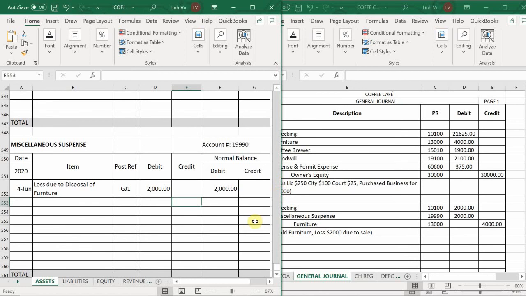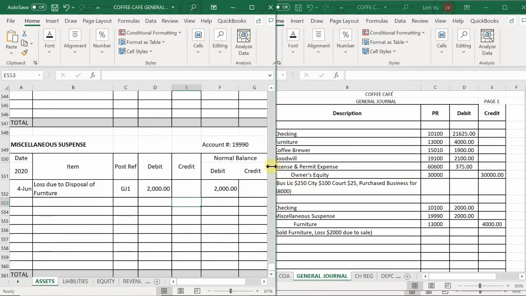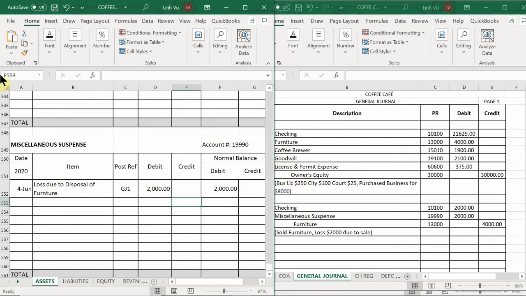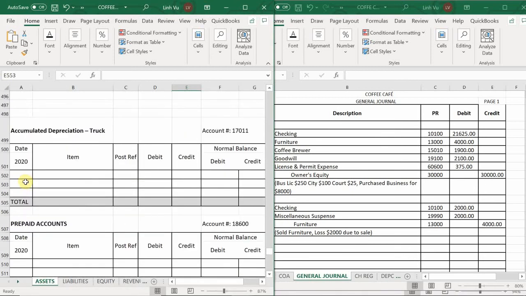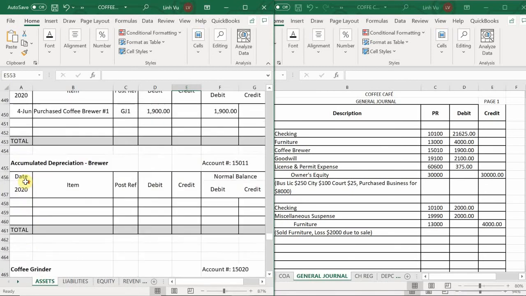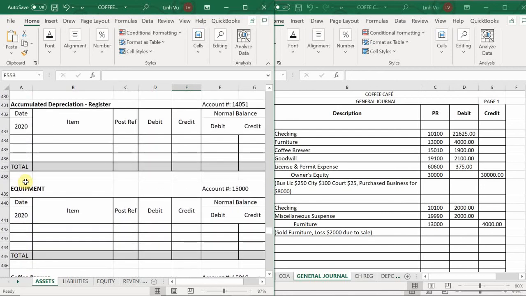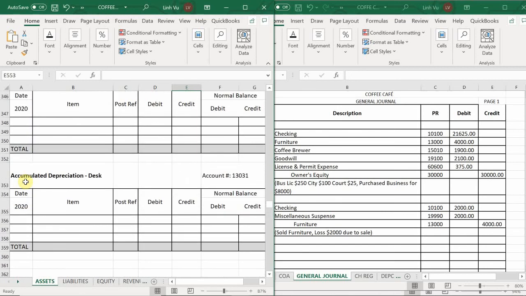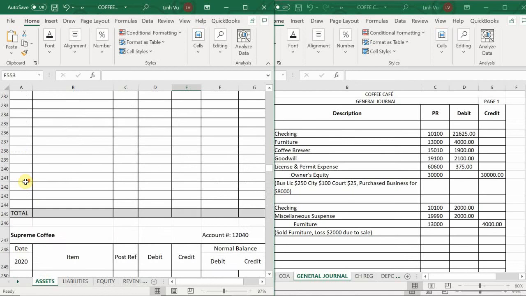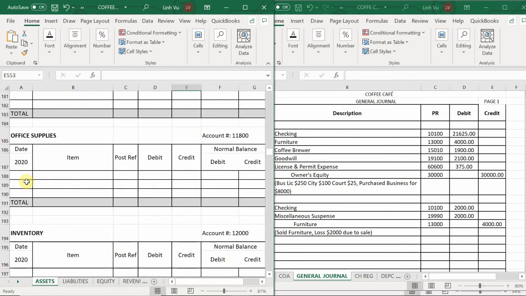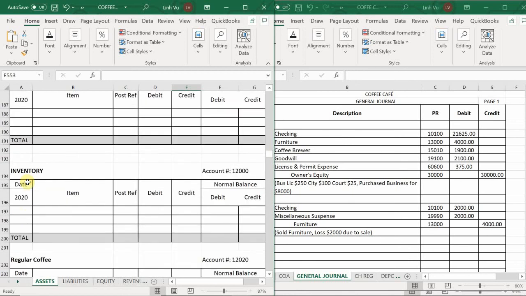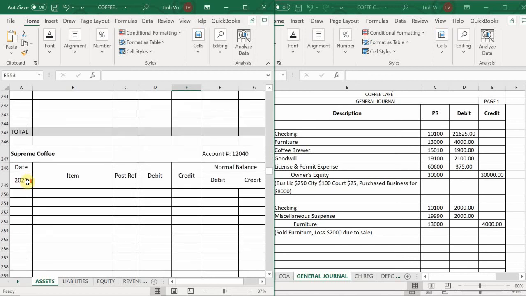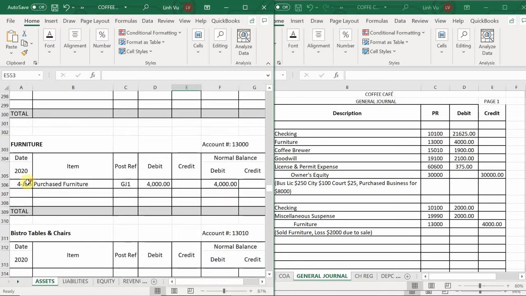So then now we need to go up to our furniture account to go ahead and credit that furniture account. So I'll go up to furniture. I missed it. It's actually right here underneath inventory.